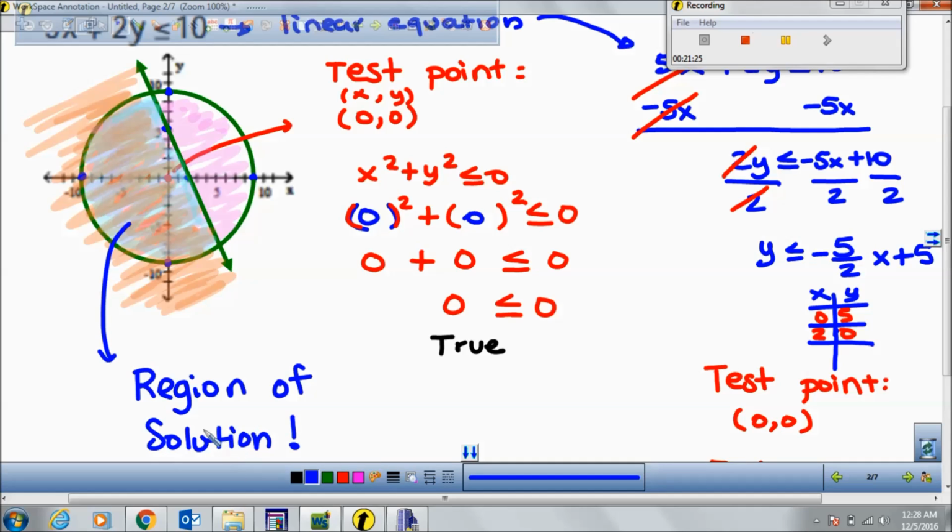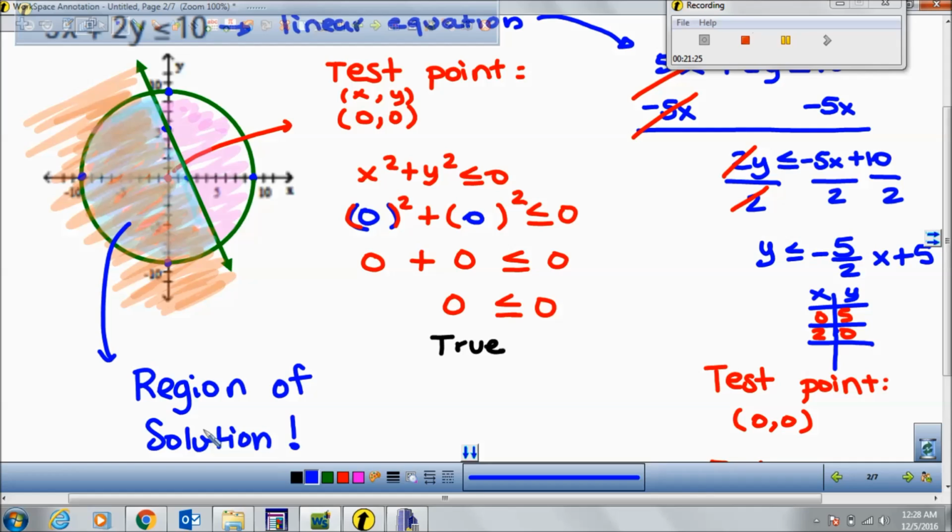So on your test you can shade really light the solution for one figure, for one function, and then shade really light the solution for the other function, and then make darker or make it noticeable that it's different, the final solution for both.